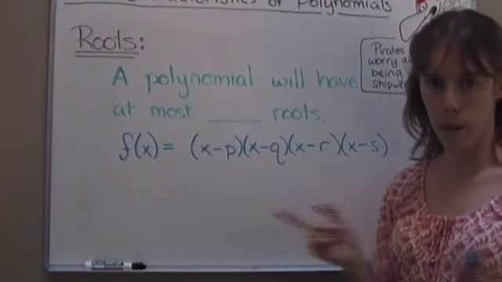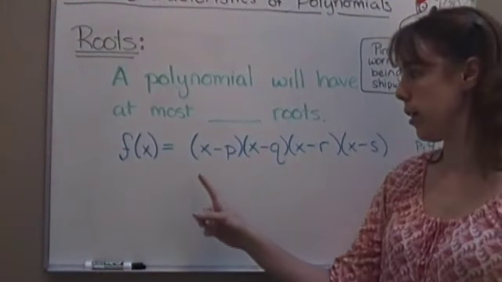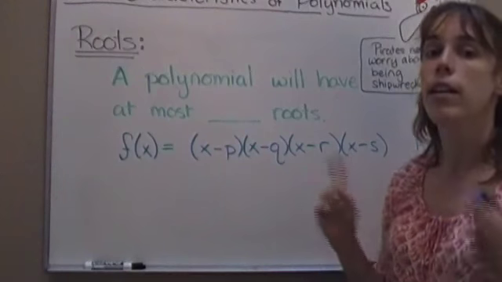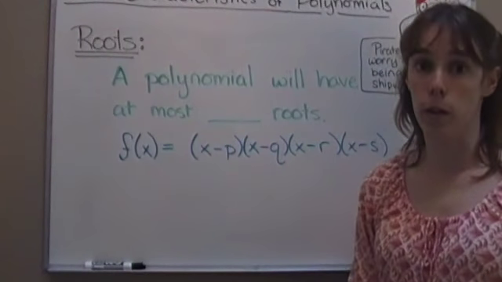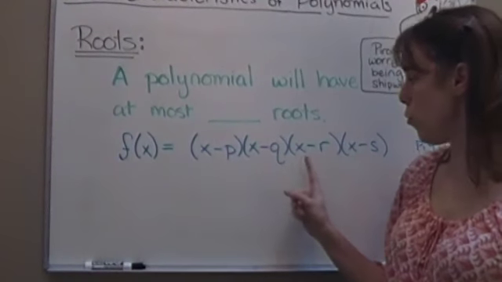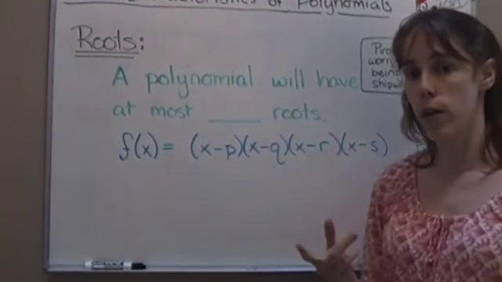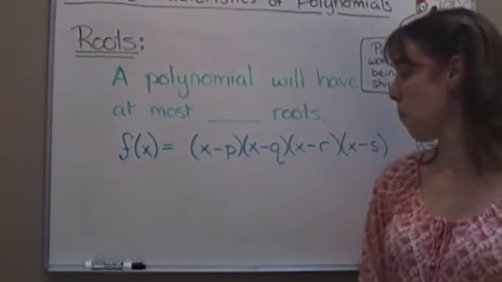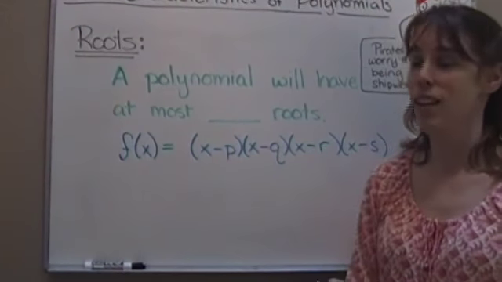So this polynomial is written very generally with p's and q's and r's, where the p, the q, the r, and the s are all the roots of the polynomial. This is an x to the 1, 2, 3, 4th, so the degree is 4. How many roots does it have? 4, right?